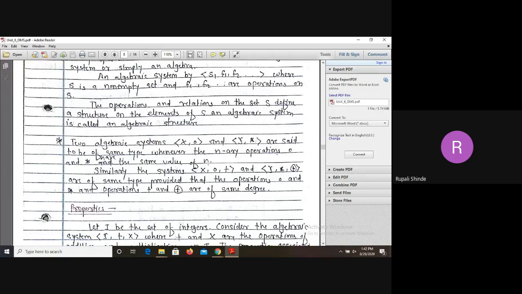Same value of n means what? Suppose this composition is a binary operation, then this star must be a binary operation. If this composition is a ternary operation, then this star must also be a ternary operation. Then only can we say that these two algebraic systems are of the same type.